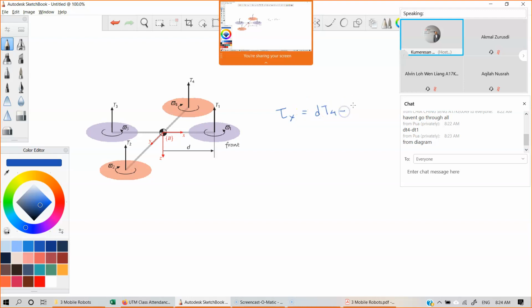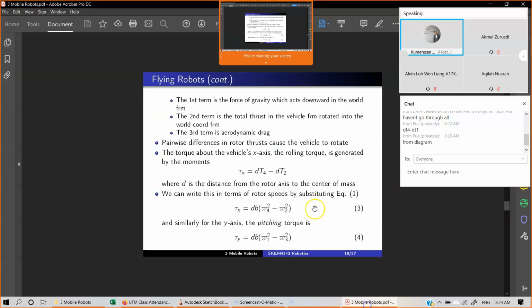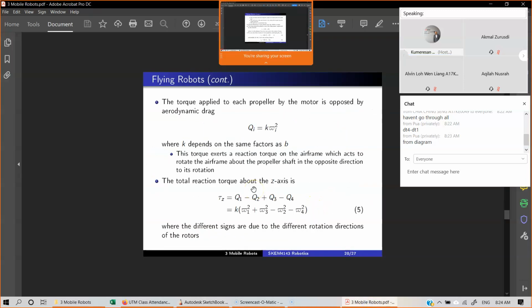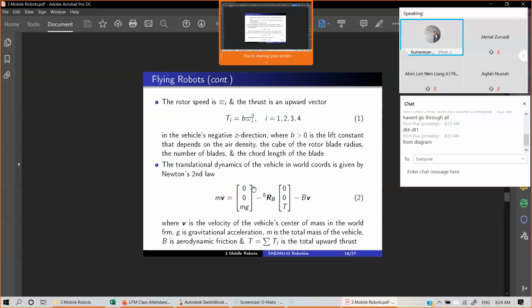So what is t4? This is t4. So t2 is given by b omega 2 squared, I think. b is the aerodynamic constant, the lift constant.